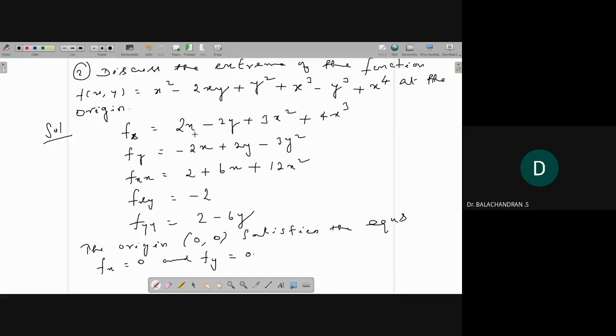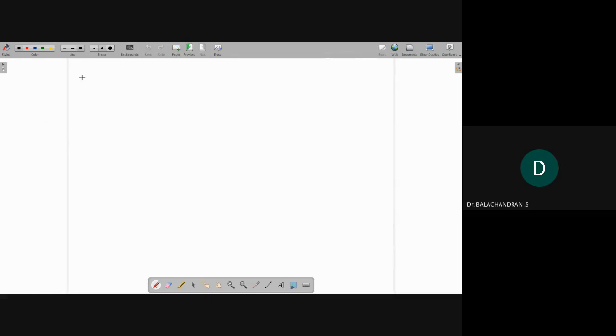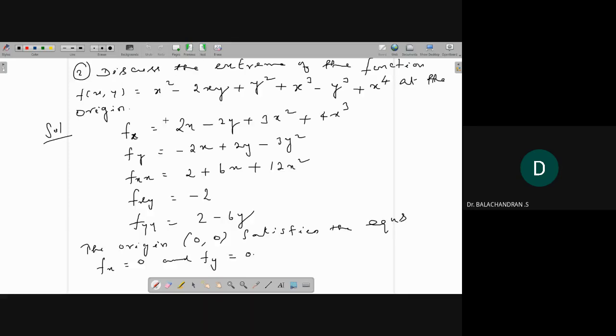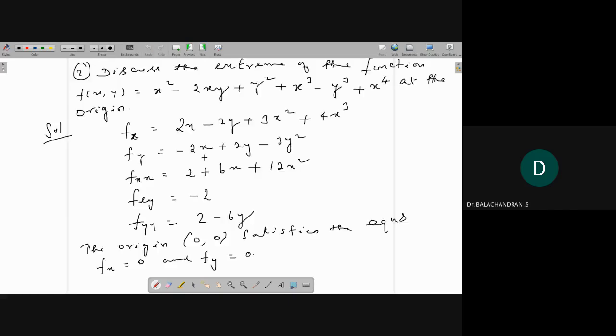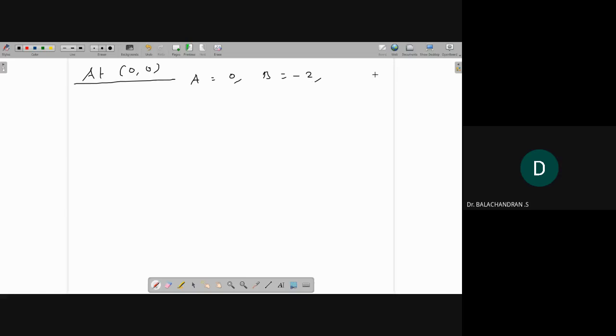Okay, so next we need to find the A, B, C values at (0, 0). What is A? Sir, is the value of A 2?